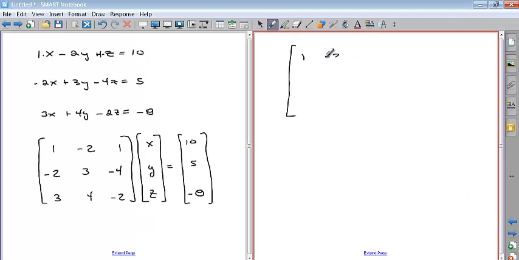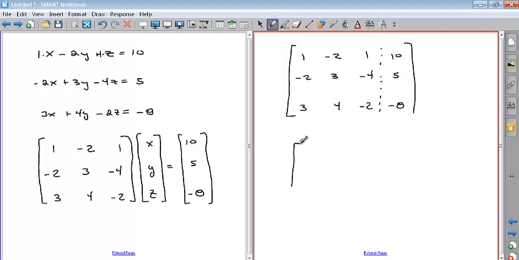the coefficient matrix, which is this thing. Oh, and I've got to augment it. Like that.